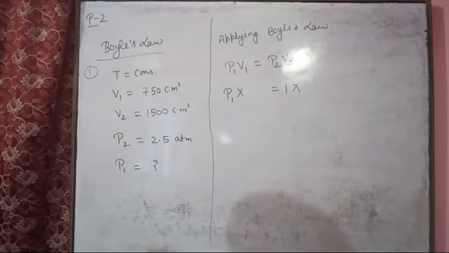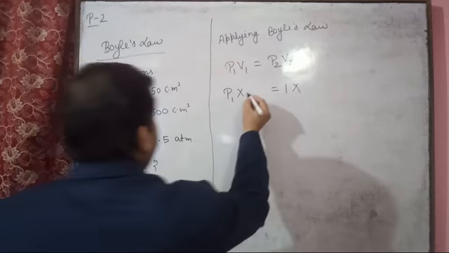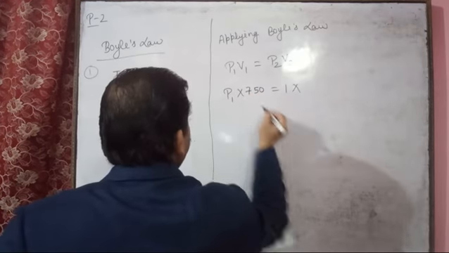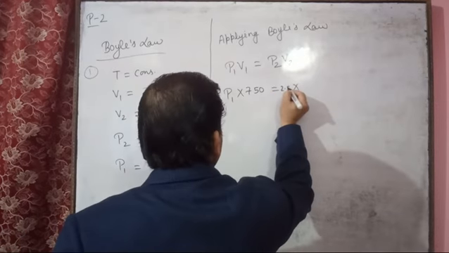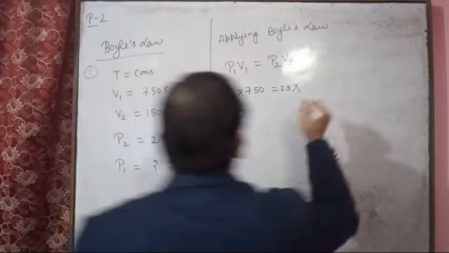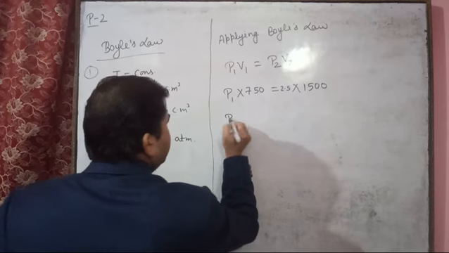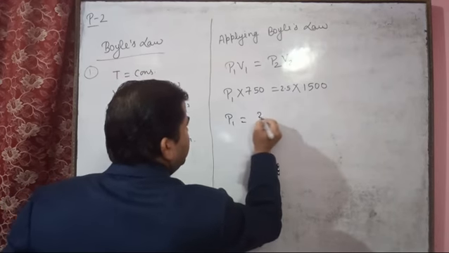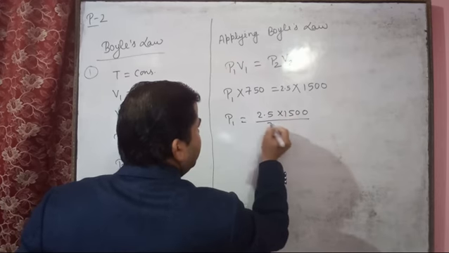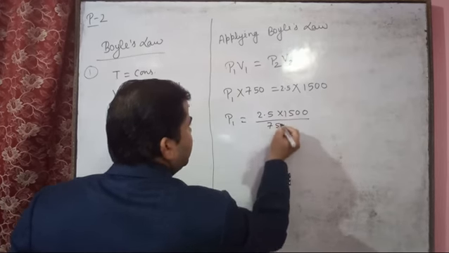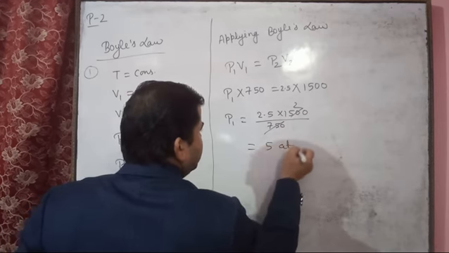P1, then V1 given as 750, and P2 given as 2.5, and V2 given as 1500. So P1 equals 2.5 into 1500 upon 750. 750 goes into 1500 twice, so you will get 5 atmosphere.